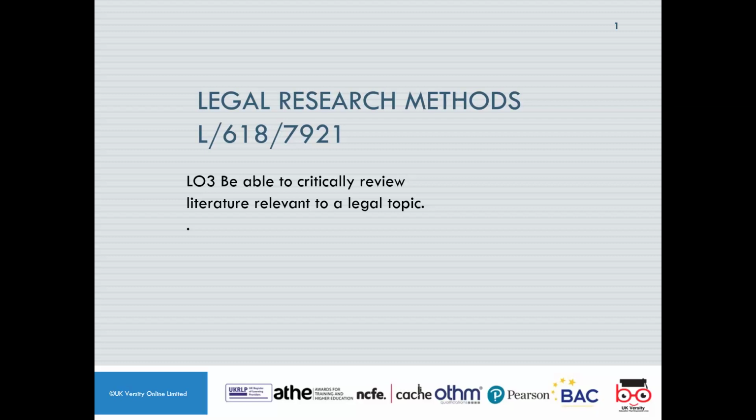Now we're going to look at learning outcome 3, which is to be able to critically review relevant legal topic areas. So what your plan is, what you intend to do, because for learning outcome 3 you need to be analysing different theoretical approaches, also looking at creating a structured literature review.